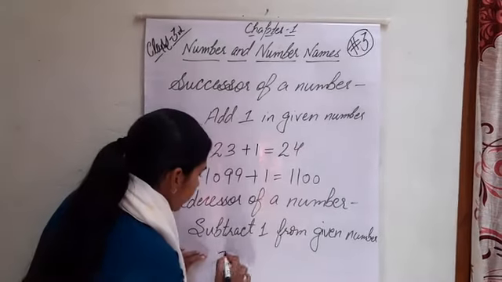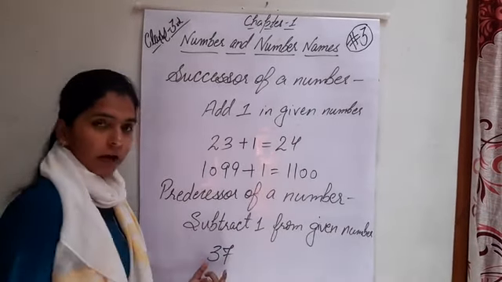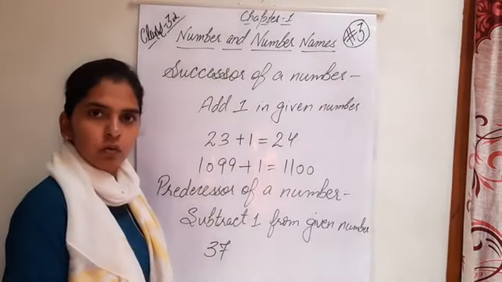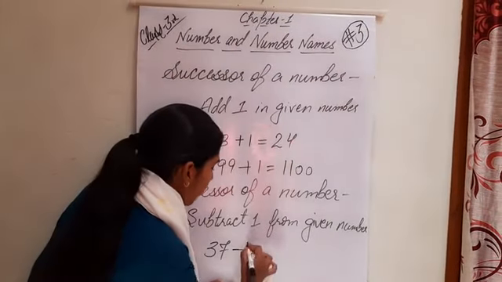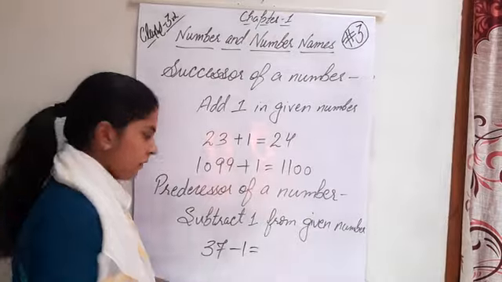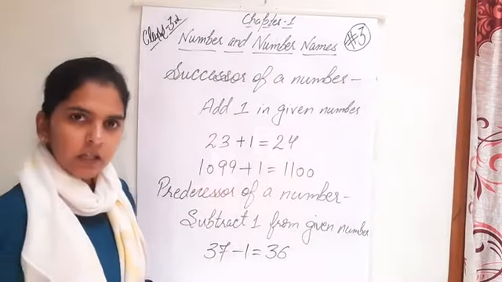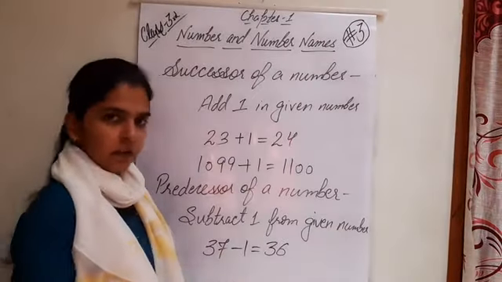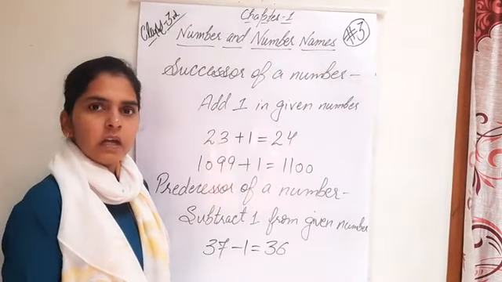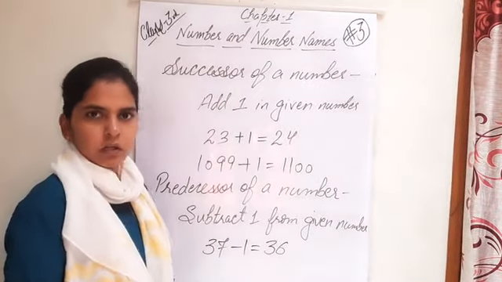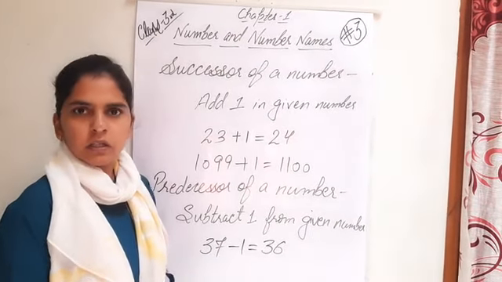Suppose a number is given, 37, and I want to find the predecessor of 37. I need to subtract 1 from 37, so I will get 36. In other words, to find the predecessor we need to find the number before 37, or before the given number.